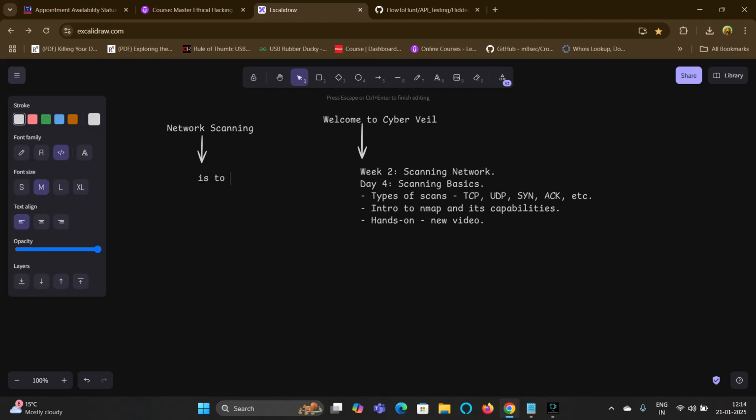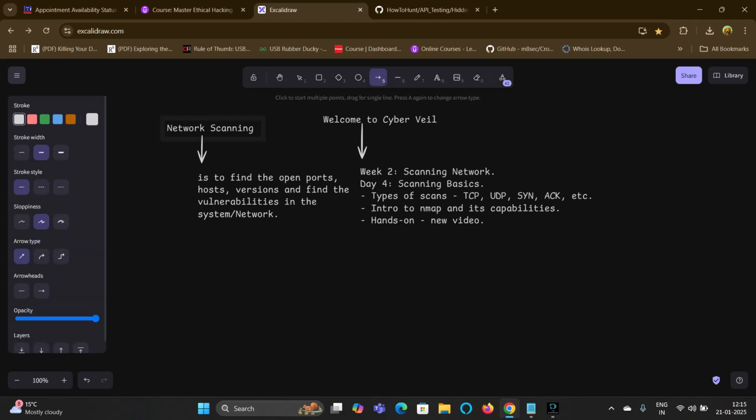The scanning of the network is to find open hosts, open ports, host versions, and vulnerabilities in the system or network. So I guess the topic is pretty clear: we are going to discuss how to find the open ports, hosts, versions, and the vulnerabilities in a particular system or network.